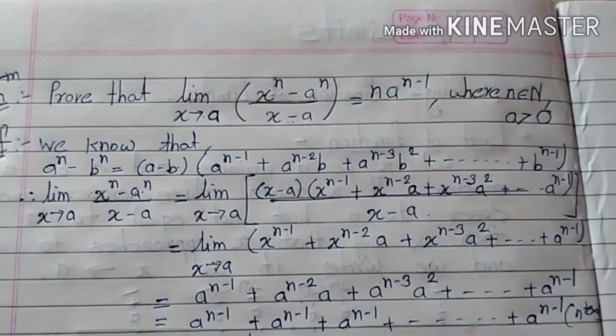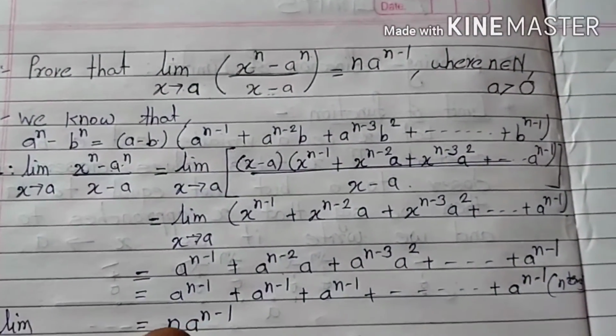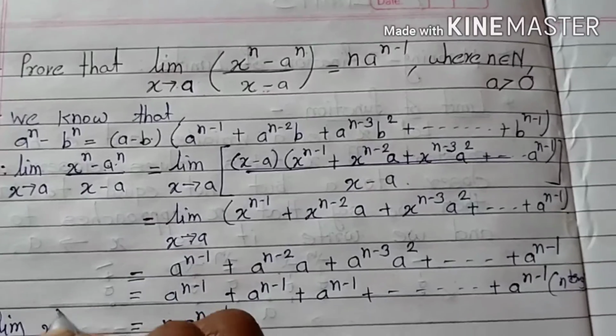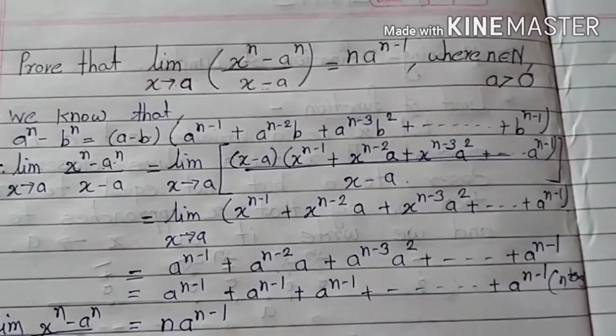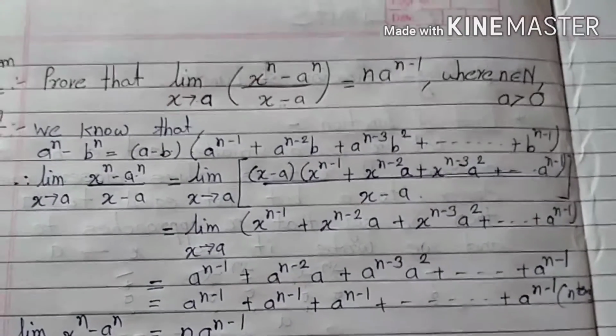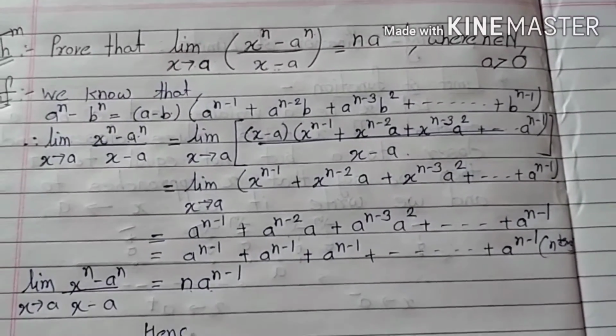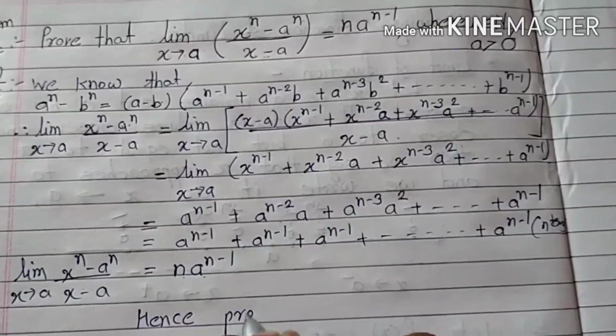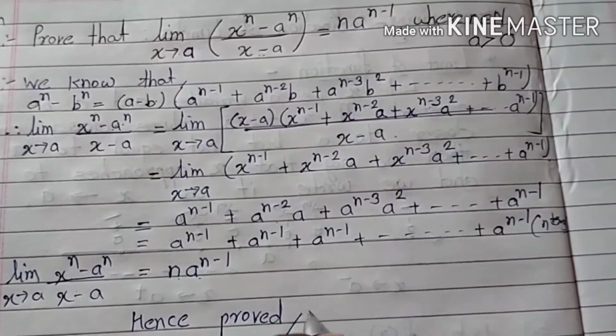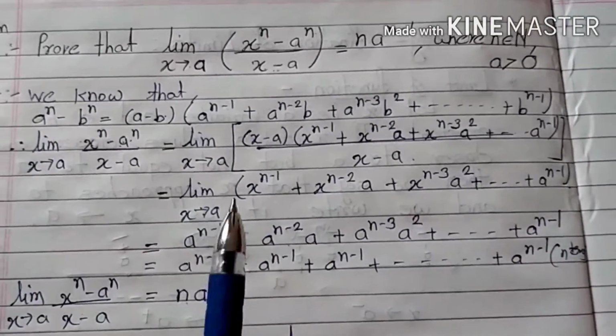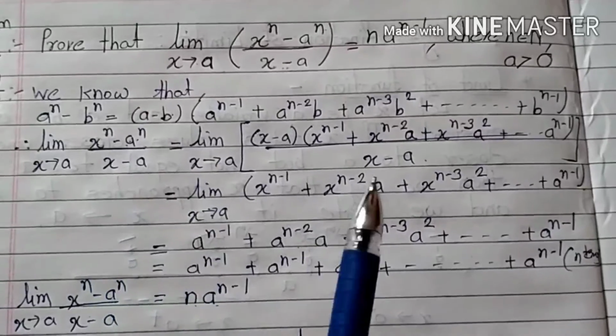So here we prove limit x tends to a, (x raised to n minus a raised to n) upon (x minus a), which is equal to n a raised to n minus 1. Hence proved. Observe that it is a very simple theorem.